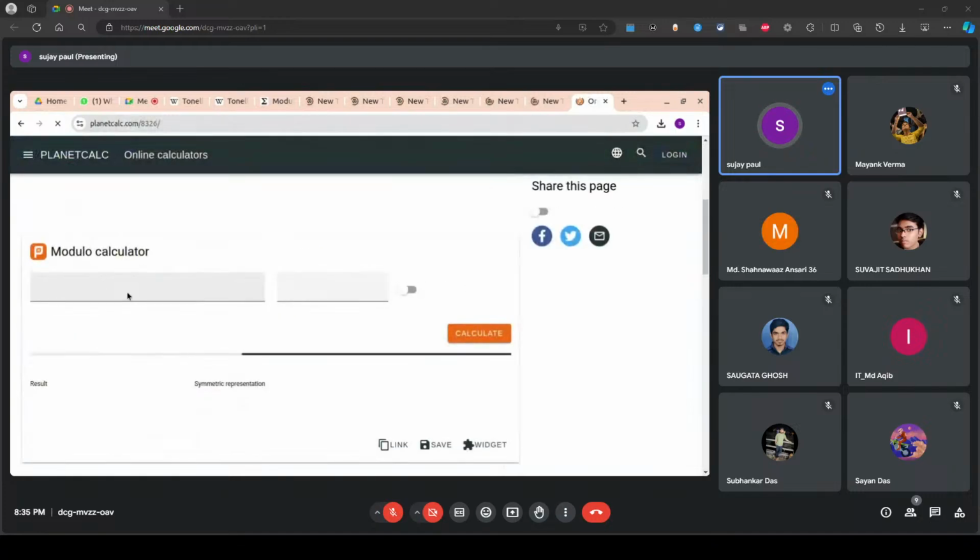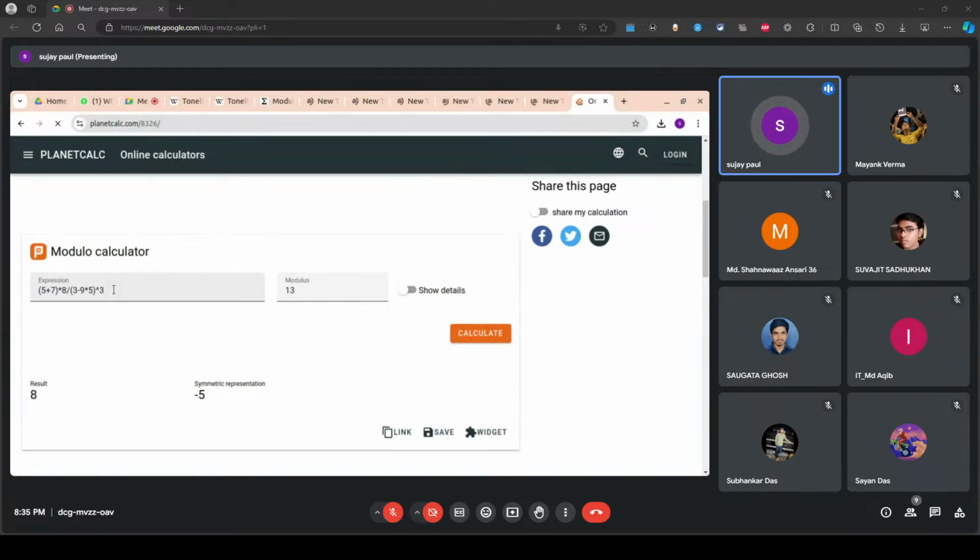Here, if I go for this calculator, I can do the same kind of operation, 2 to the power whatever modulo. I will get the same result. So for your calculation, you can use this kind of online tool, which will help you find the exact value. Okay.